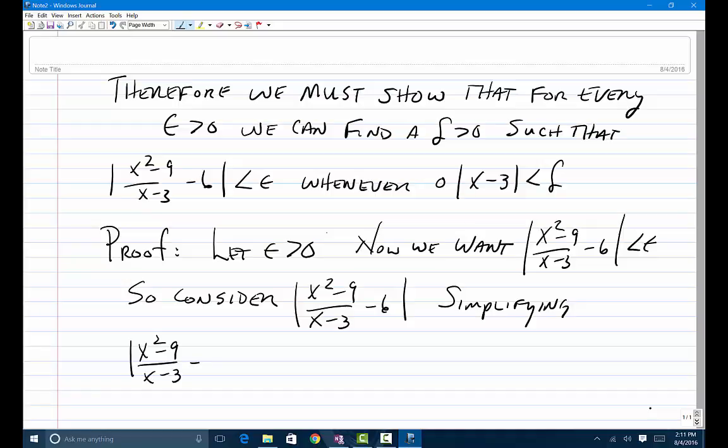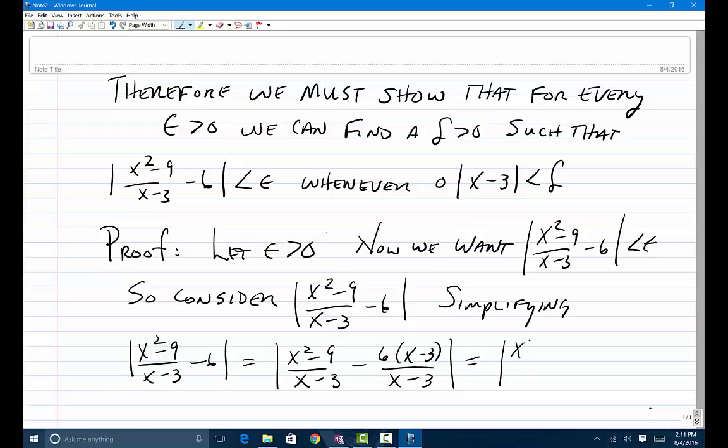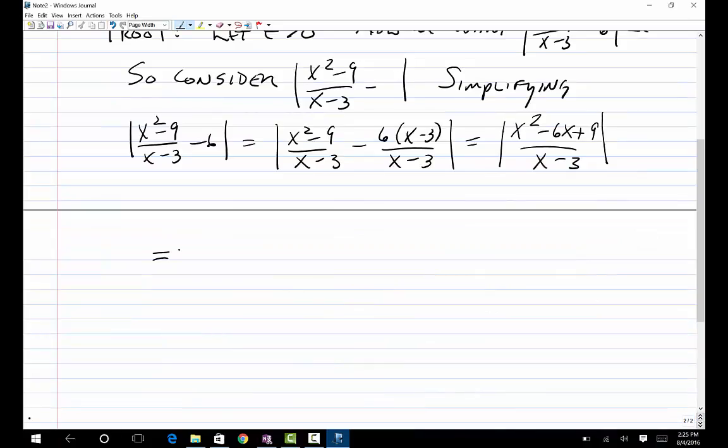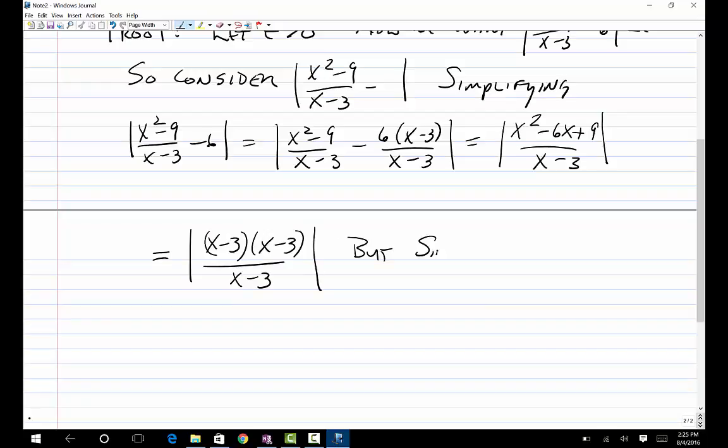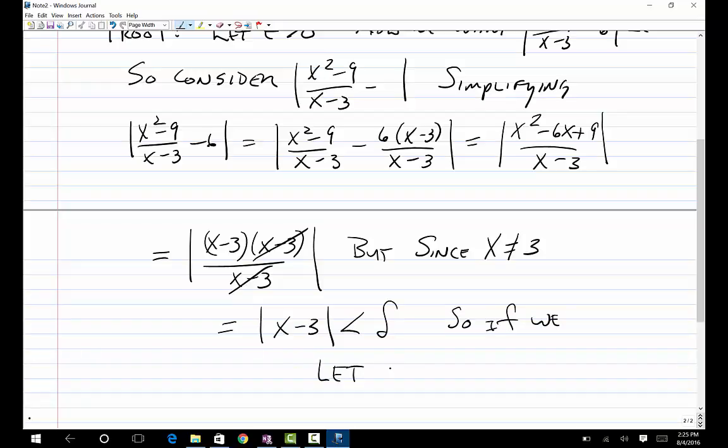Simplifying, so if we let delta equal epsilon, we have shown that there exists a delta for every epsilon that satisfies our inequality.